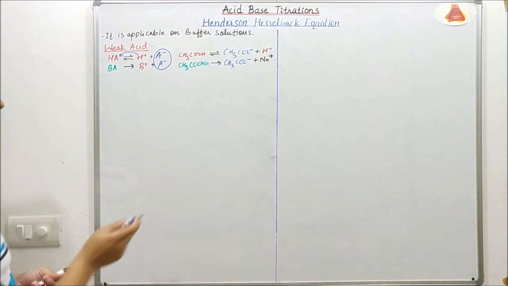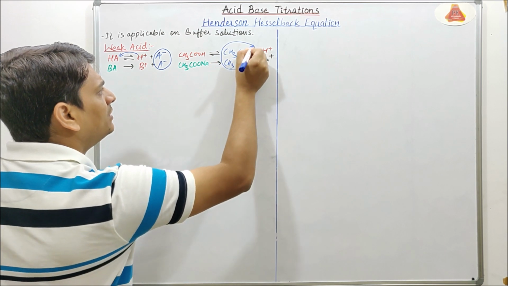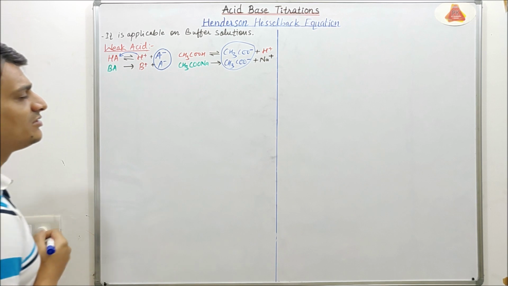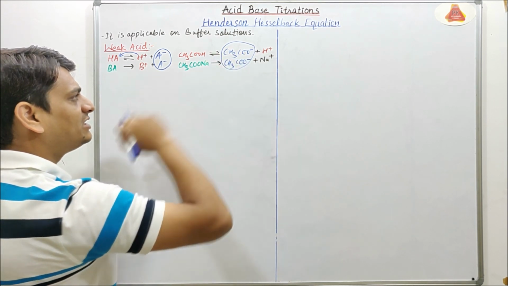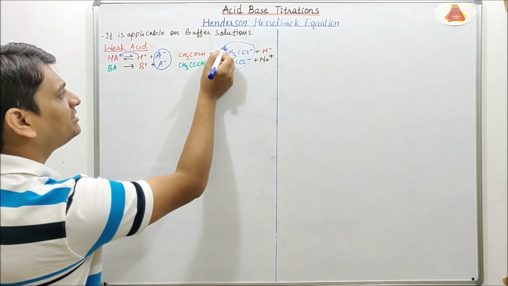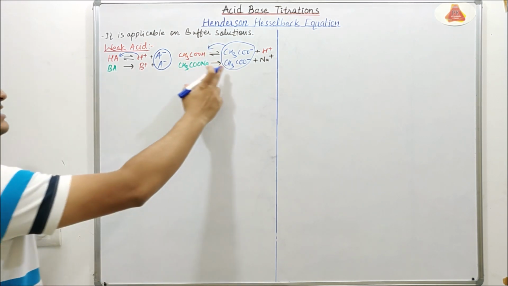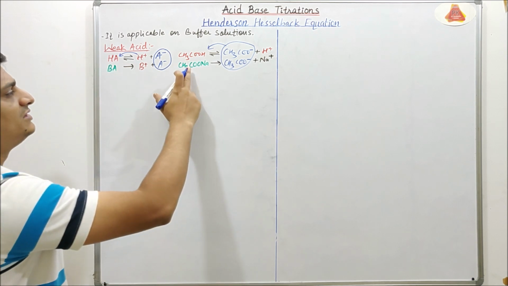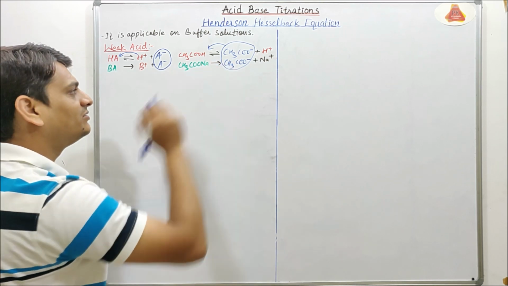Here also we have one common ion, CH3COO minus, and this is a salt, so it will be completely dissociated, meaning it is a strong electrolyte. So the dissociation of CH3COOH into CH3COO minus and H plus will be further decreased due to this common ion effect, and this reaction goes in the backward direction. So in this solution, the maximum number of CH3COO minus ions come from the salt, and the contribution from the acid will be negligible as compared to this one.